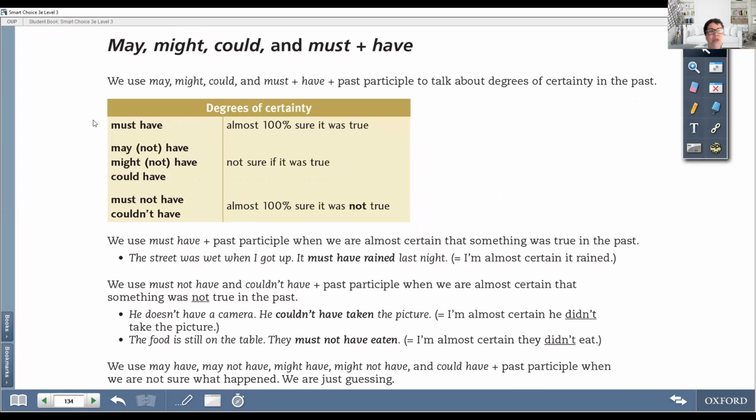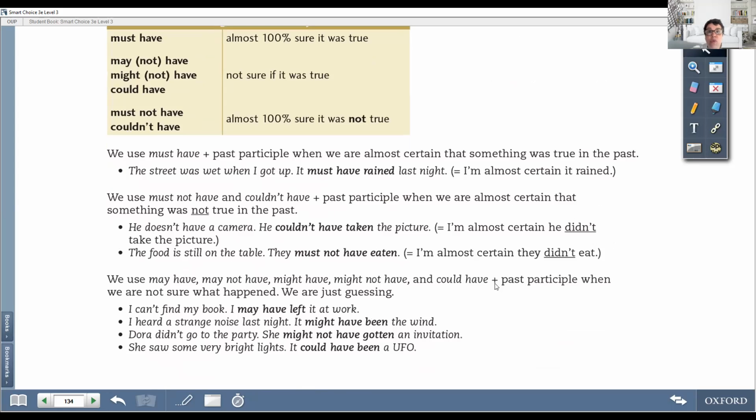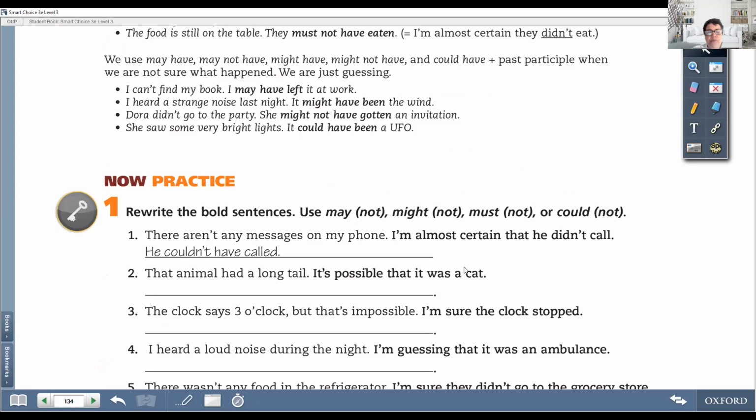So here in the beginning, must have, almost 100% sure it was true. May, might, or could, not sure if it was true. And finally, must not have or could not have, almost 100% sure it was not true. Here they have an explanation. You should read, okay? And then do the exercise.